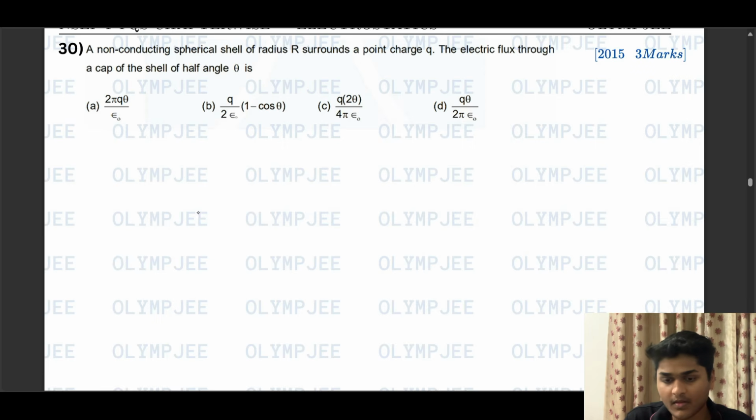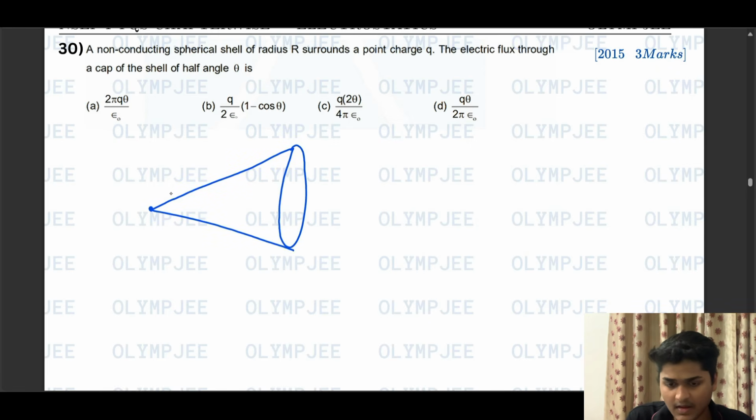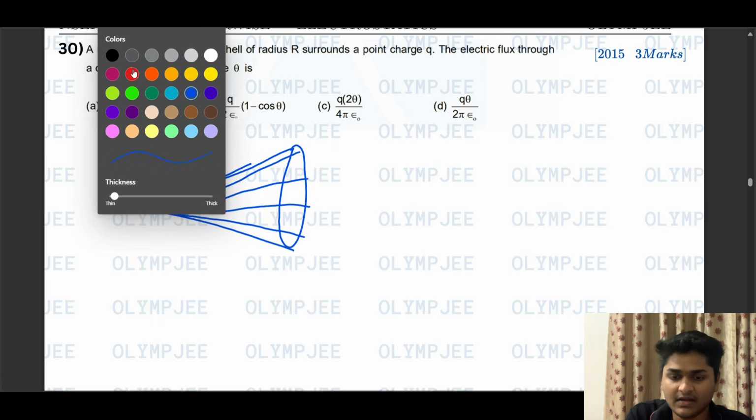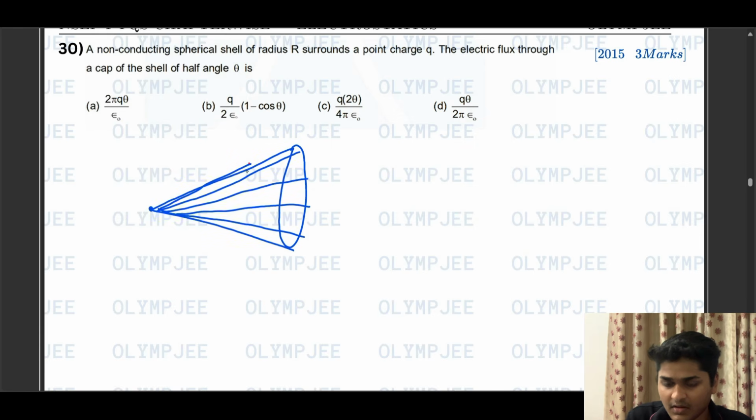So assume that this is a cone and this is the surface of the cone. I am representing it with lines. All the lines are originating from this vertex, and let me draw some surfaces which are parallel to this surface.